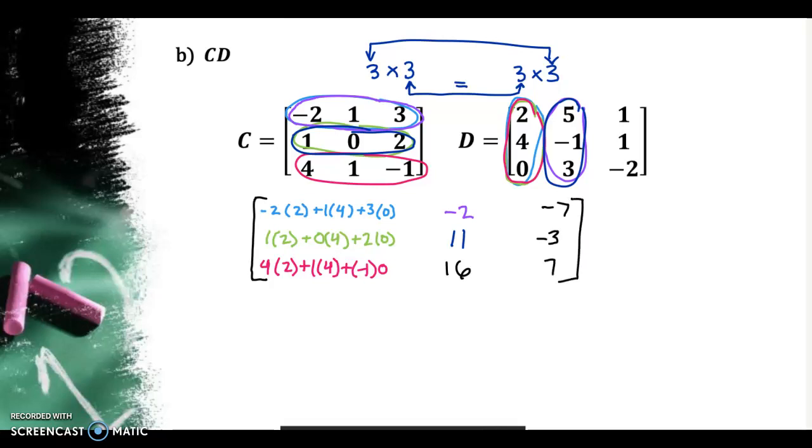So the resulting matrix, after we simplify all of that, will be 0, 2, 12, -2, 11, 16, -7, -3, and 7. So that's the matrix CD.